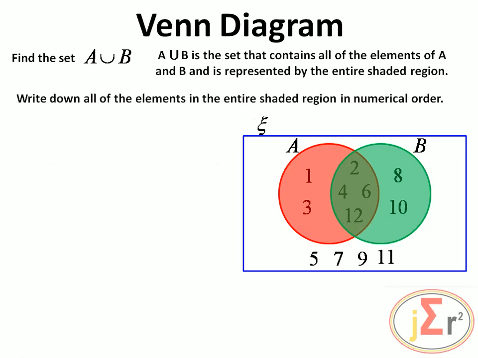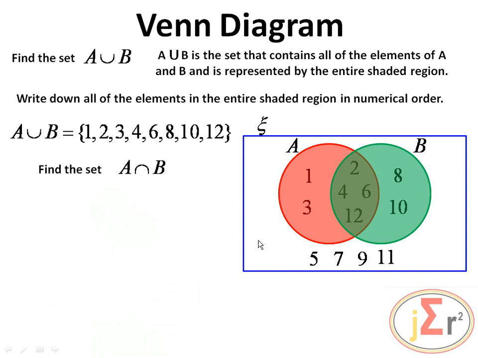So write down all of the elements in the entire shaded region, in numerical order, preferably. So we have A union B is equal to the set that contains 1, 2, 3, 4, 6, 8, 10, and 12. As a matter of fact, we are going to be careful to leave out these elements because they are not in the union of the sets A and B.